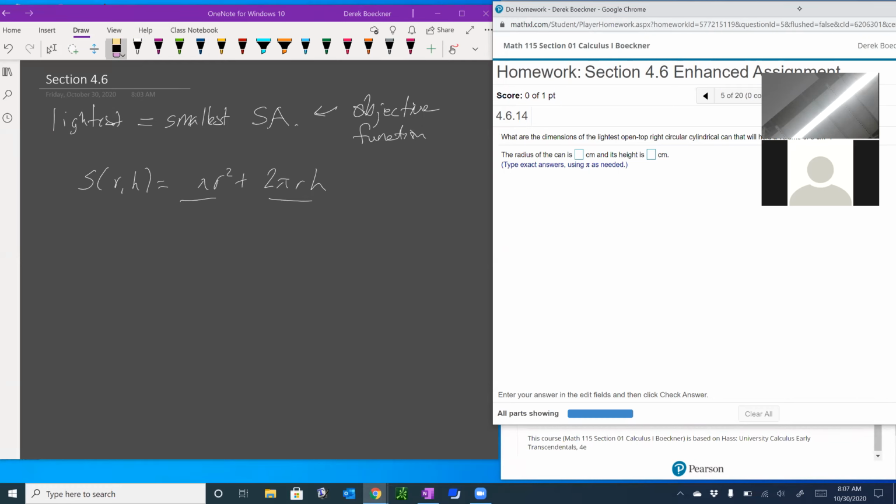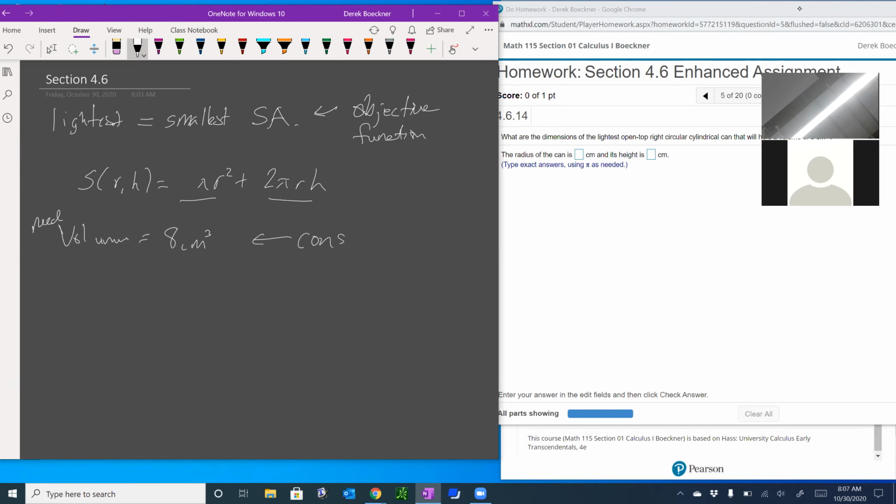Okay. And we want it to be able to hold a volume of 8 cubic centimeters. This is going to be our constraint. We're constrained to only cans that have that.